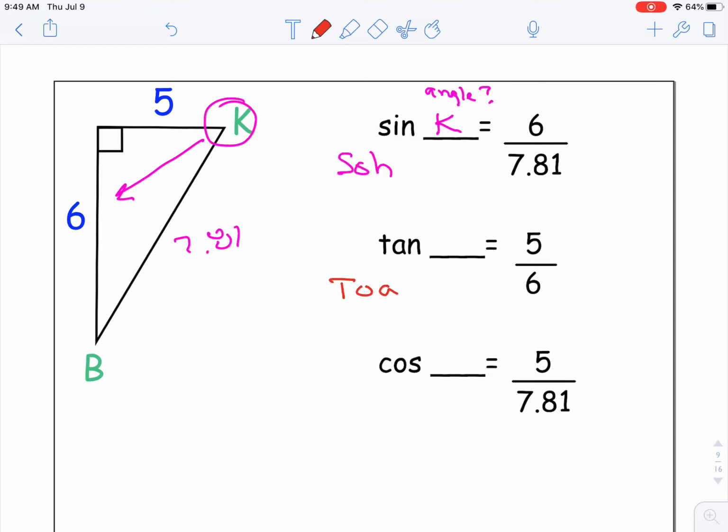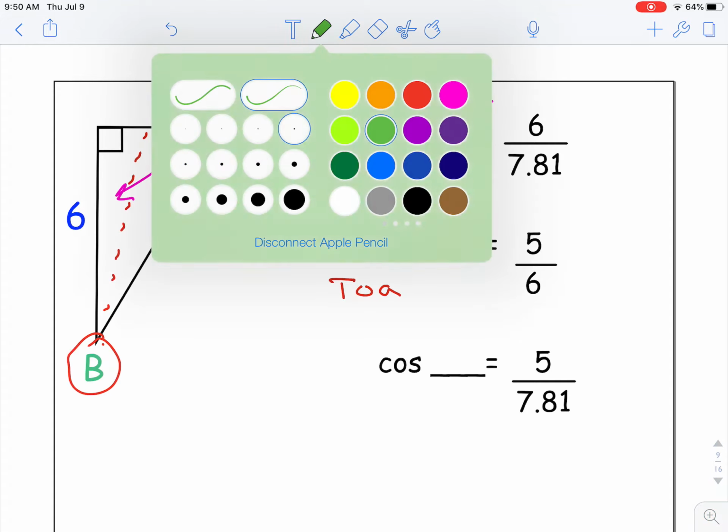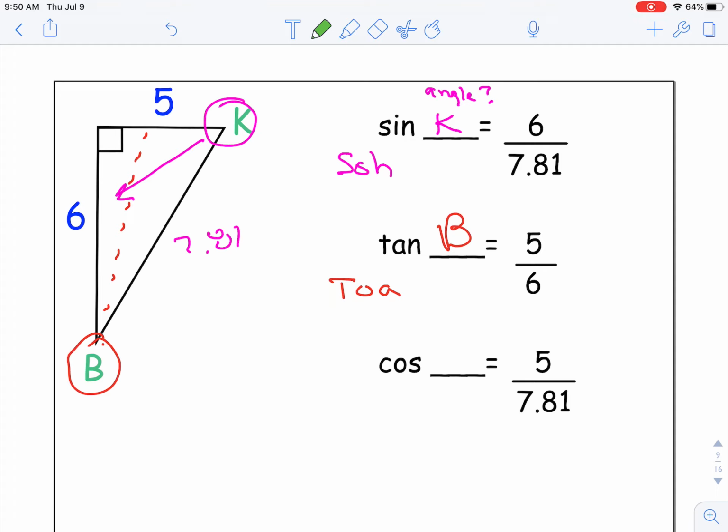So what angle would have tangent, which is TOA, the opposite side being 5? Well, here, this angle right here, the opposite side is 5. And the adjacent side is 6. So that would be angle B. And again, which angle would have the cosine, have the adjacent side 5?